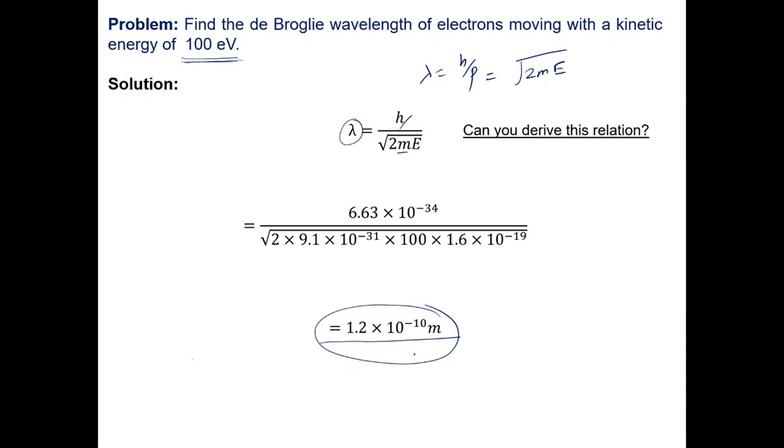So in reality, if this is your electron, the wave associated with it is something of this sort. Now you don't know where the electron is. If this wave function is the representation of probability density, your electron can be present anywhere in this region.